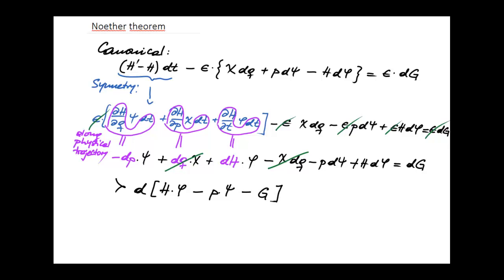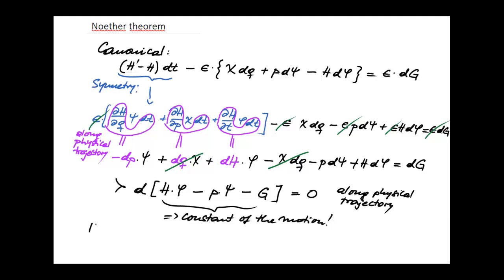So take this all into the square bracket, and then on the right-hand side we have 0. And this holds along a physical trajectory. So in other words, along a physical trajectory, what's inside the square bracket does not change. Therefore, what's inside the square bracket is a constant of the motion.